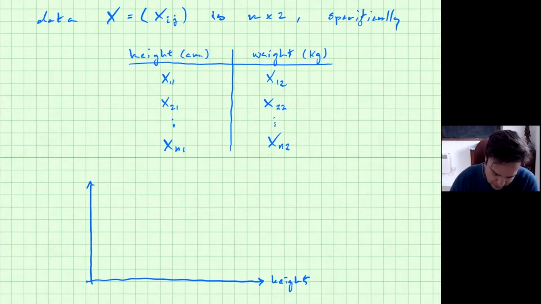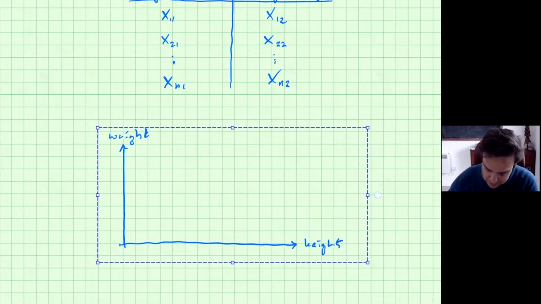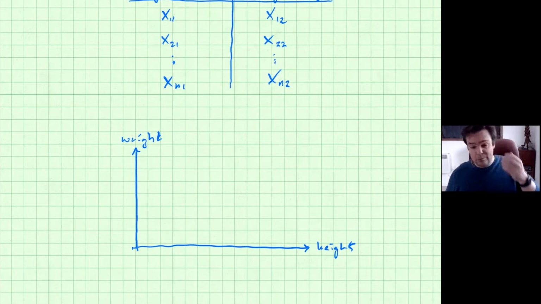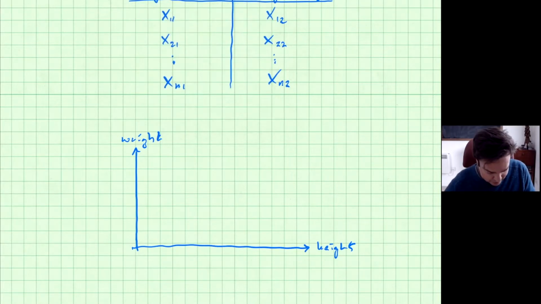And the vertical axis is the weight. Now, it makes sense to imagine that for people at least, these things are sort of correlated. Taller people probably weigh more in general, not always, but in general. And so we'll draw some representative data points on here. Let's say you collected some.